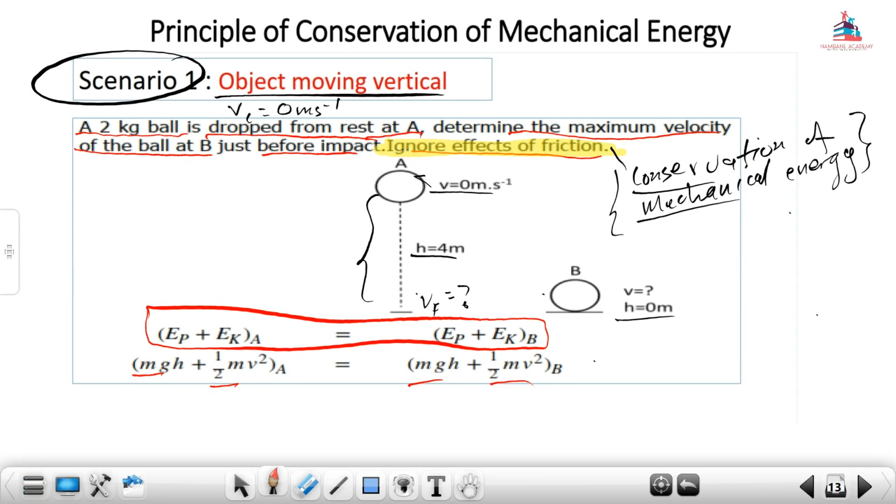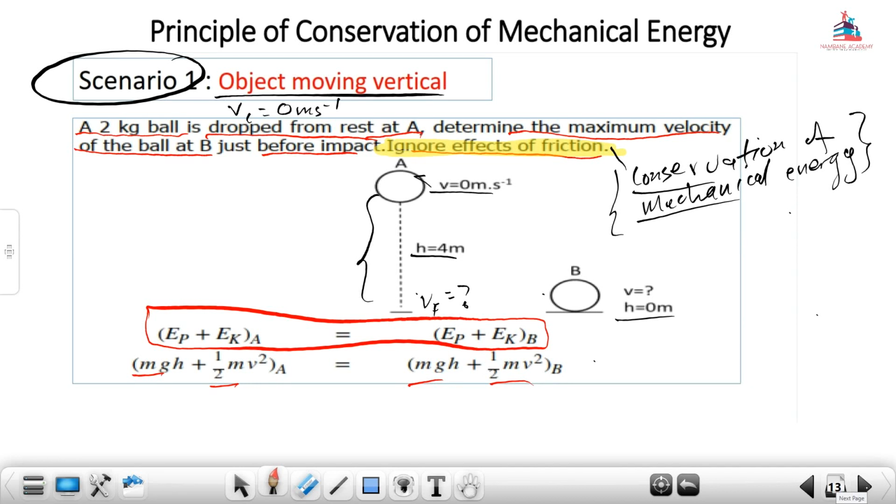So we should not over stress that the information will be given. So for the conservation, we say it's the total mechanical energy at point A and the total mechanical energy at point B. So by so doing, definitely we know that we are in the right direction.